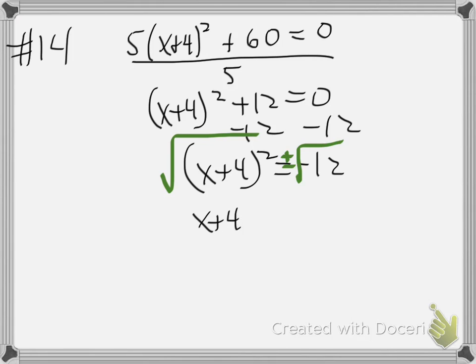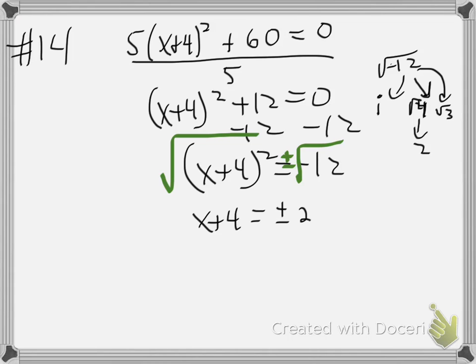X plus 4 equals, well, the square root of negative 12 is i, because that's the square root of negative 1, times the square root of 4 times the square root of 3, and that's a 2. So this ends up being plus or minus 2i root 3.